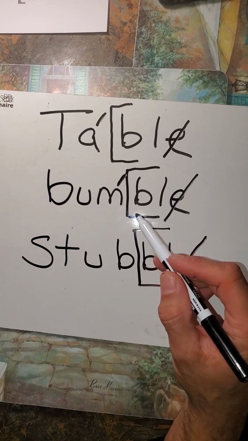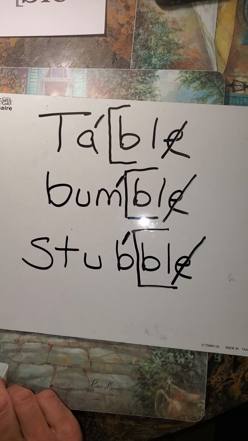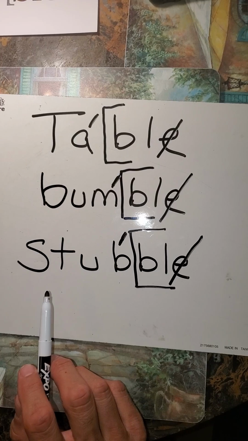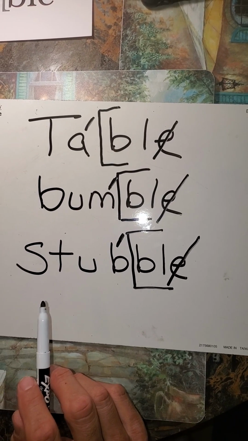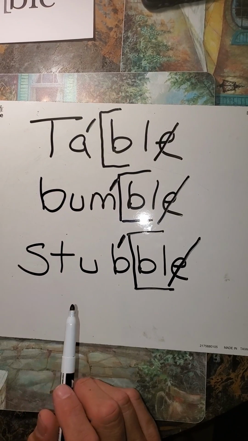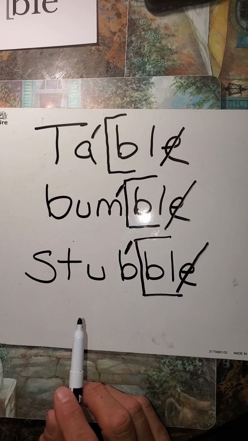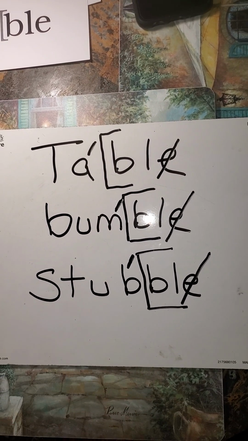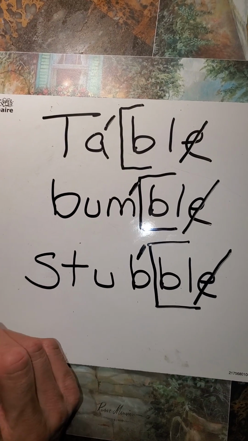Stub, we're going to accent on the u. How do we code the letter A, which is open and accented? We code it with a macron, which is a long sound. All right, students, so now we need to code the vowels.